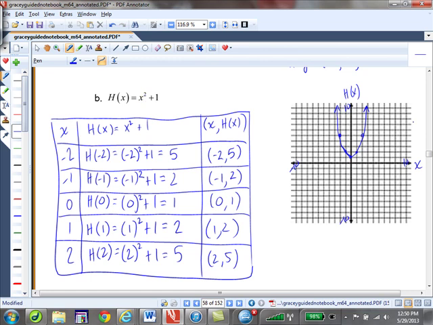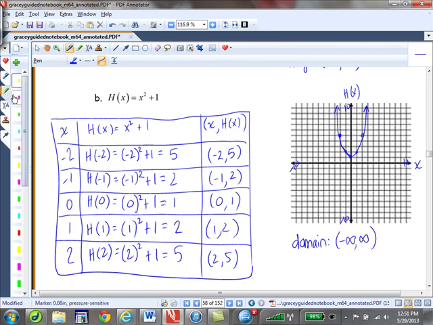So I'd have 10 and then way up high at 101. So this graph will still continue to have outputs when I have larger or smaller inputs. So what does that mean? That means that the domain is minus infinity to infinity.